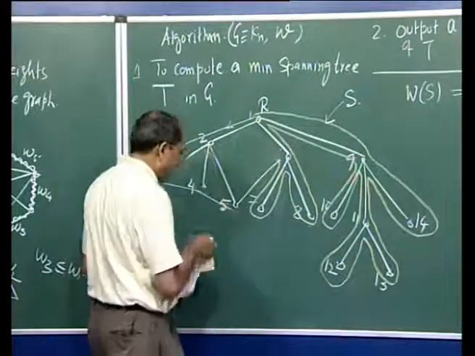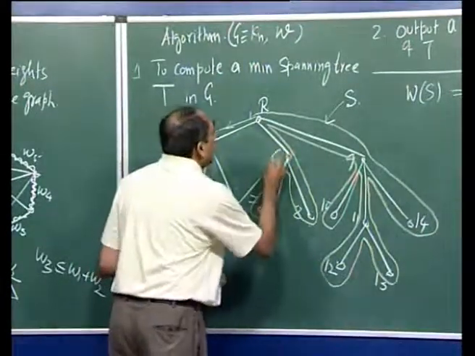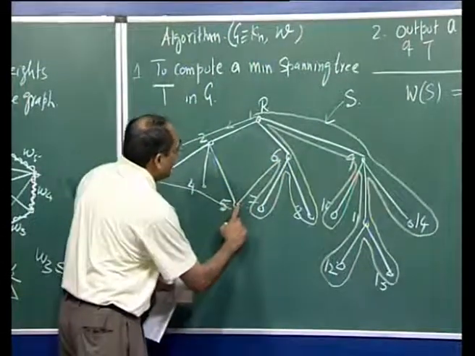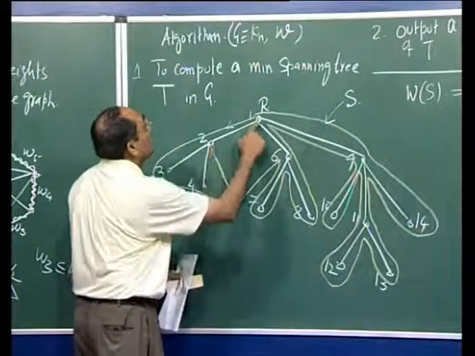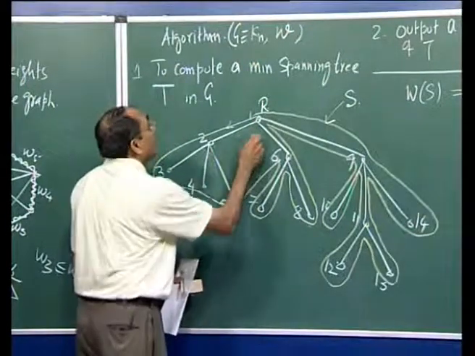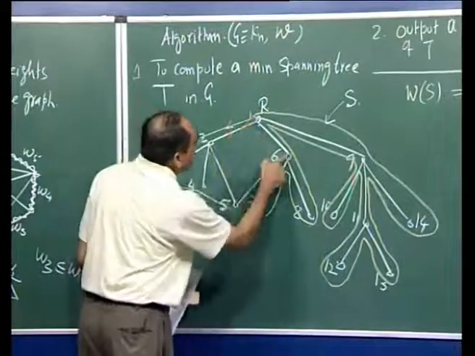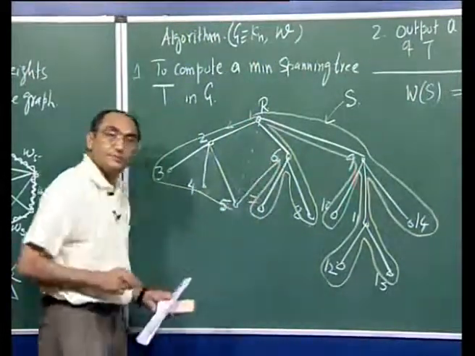Now, in this case, let us just see carefully. Actually, I have replaced 5 2 2 1 by 5 1 first, and then 5 1 1 6 by directly 5 6.